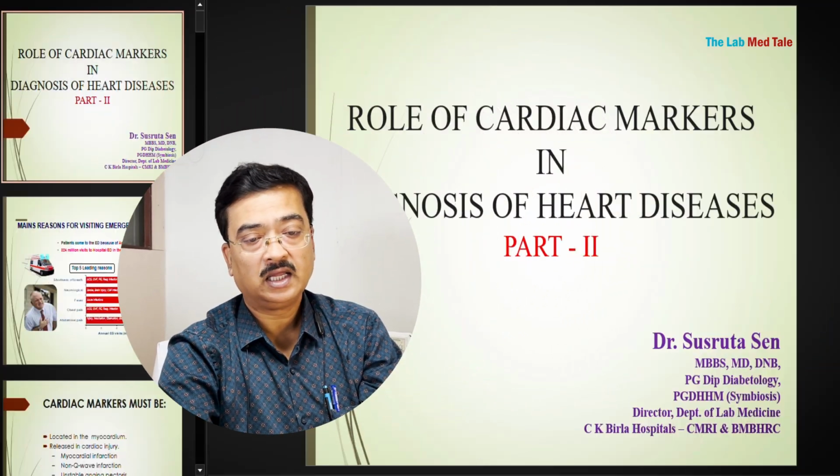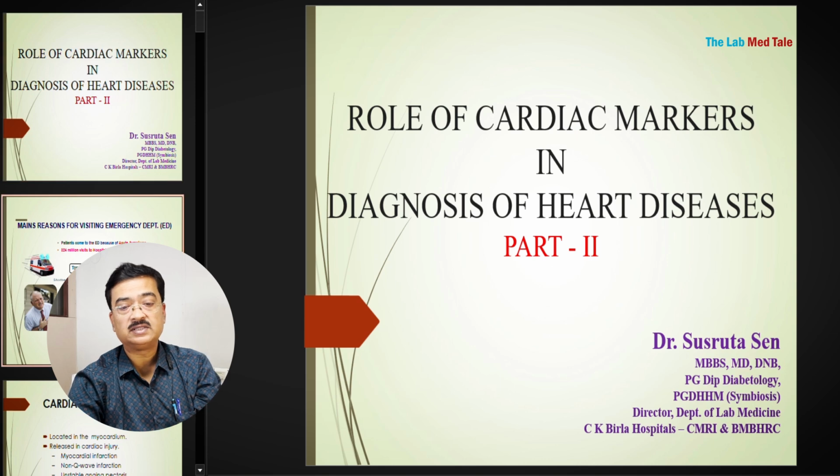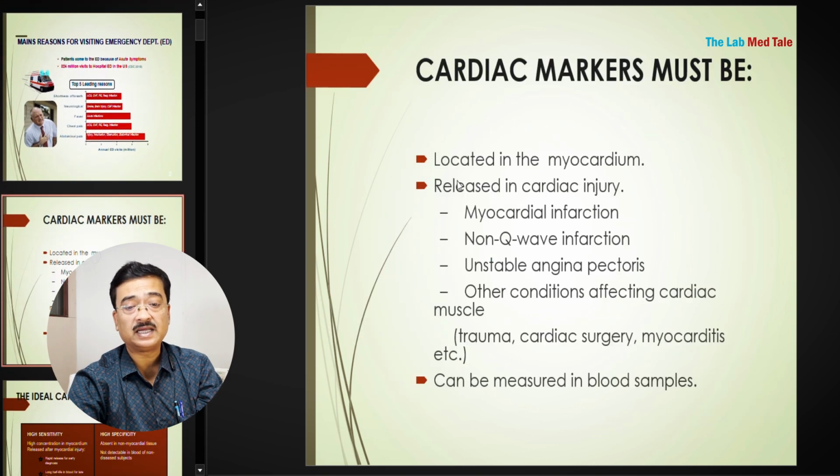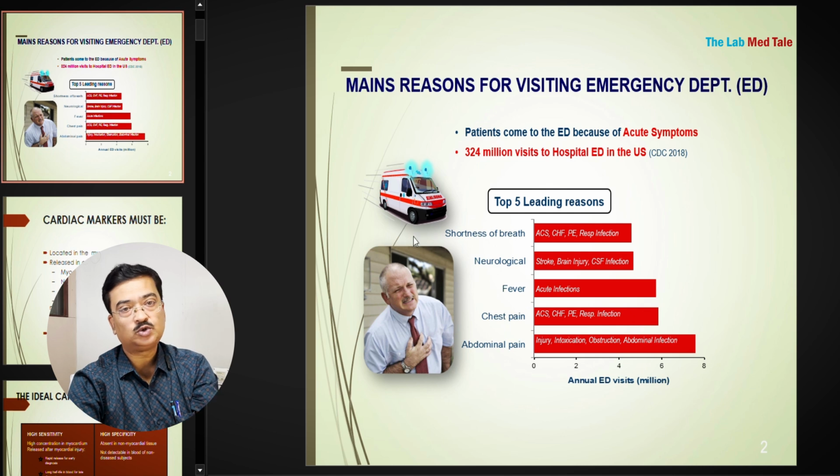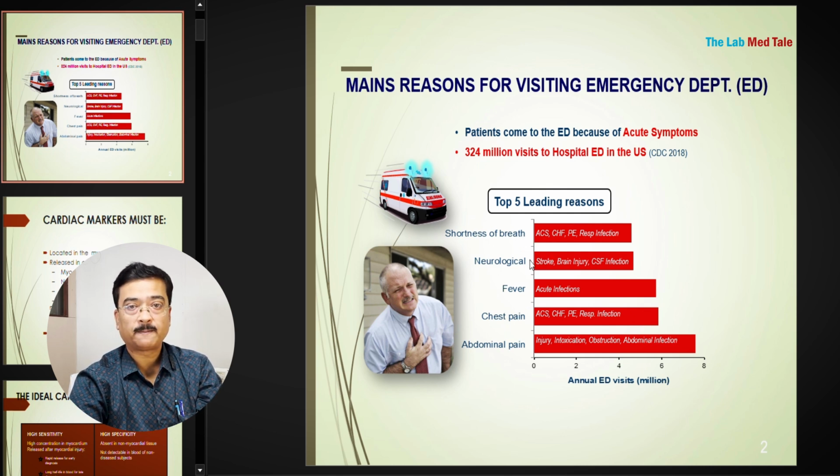If I talk about the main reasons for visiting the emergency department, there are 5 leading reasons. The first and topmost leading cause is shortness of breath and sometimes chest pain, which is nothing but acute coronary syndrome. Second comes neurological causes and fever.